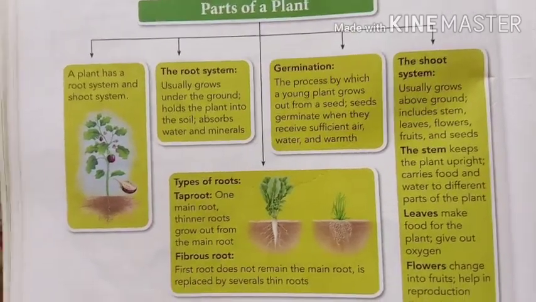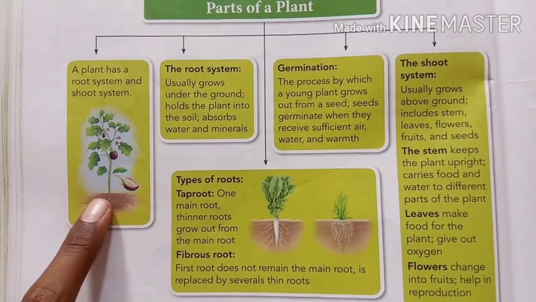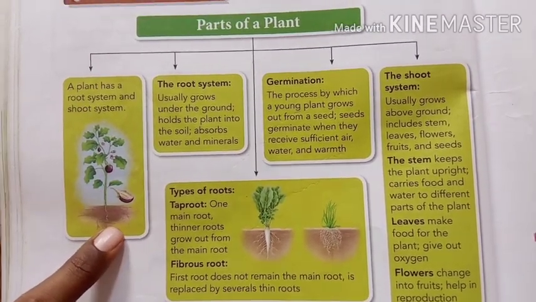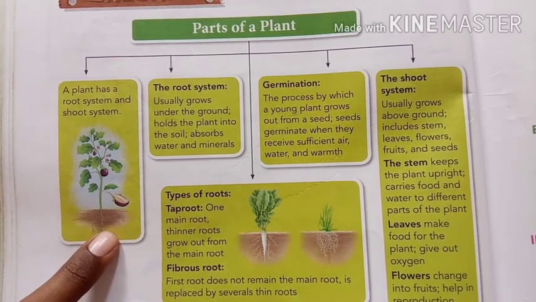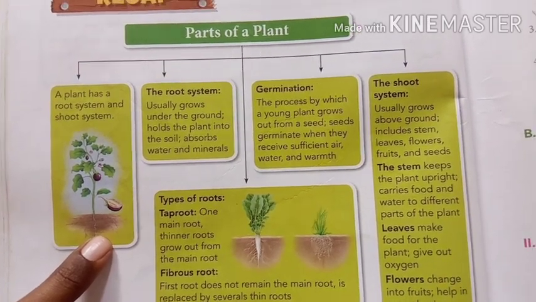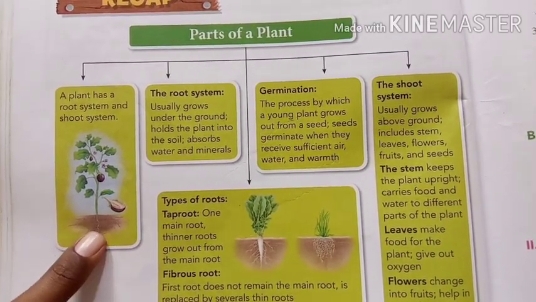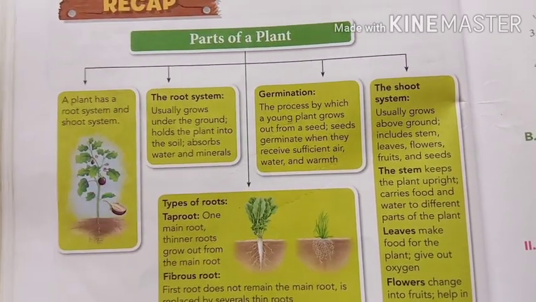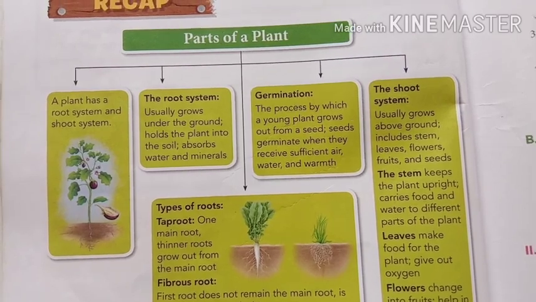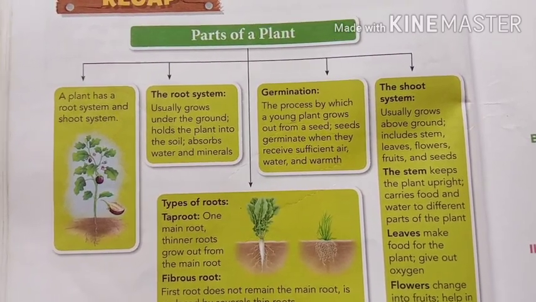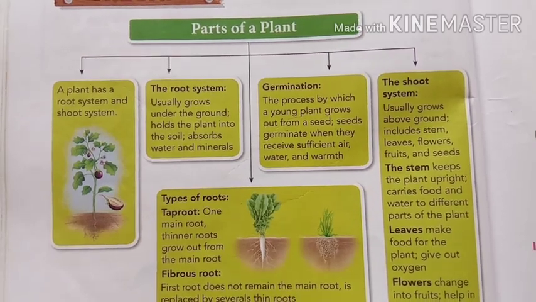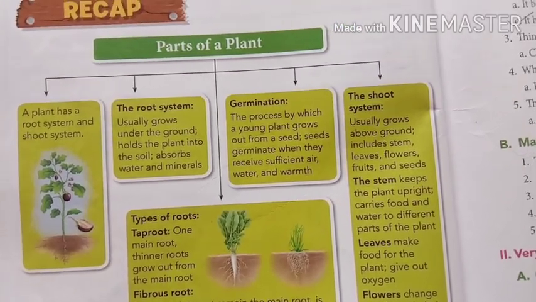Yes, you can see in this picture, a plant has a root system, which is below the ground, and the shoot system, which is above the ground. We cannot see the root system, right, because it is underground, right?